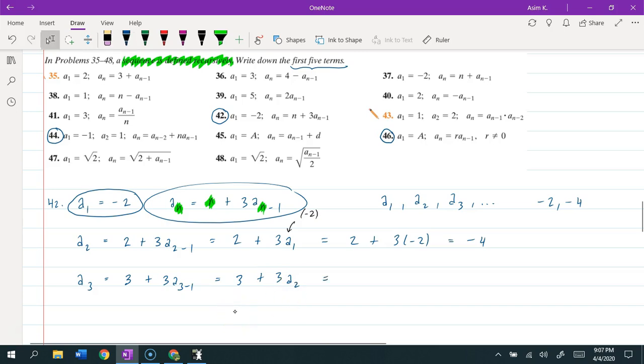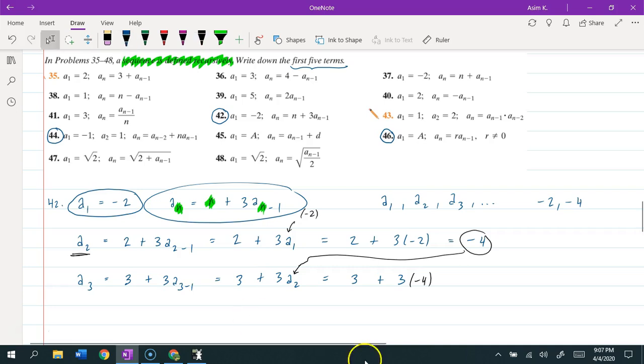And again, it's recursive. It's referring back to something that you already did, and you already found out what a sub 2 is. You found out that a sub 2 is -4. So you bring that -4 forward and you plug it in. And now you will have your a sub 3.